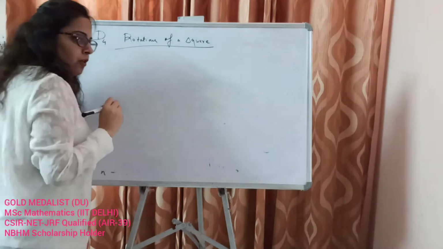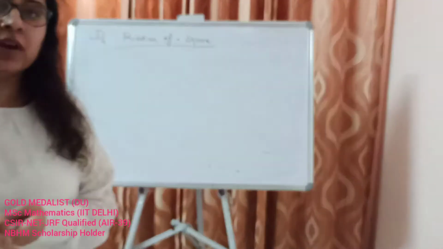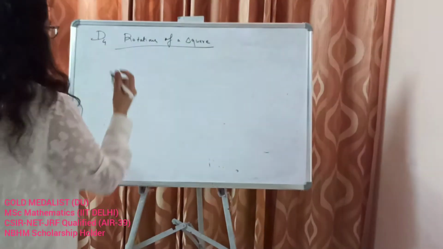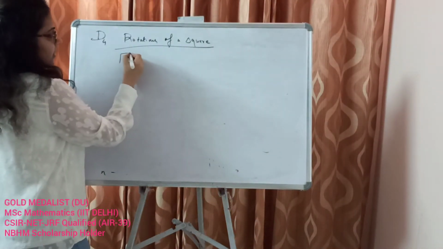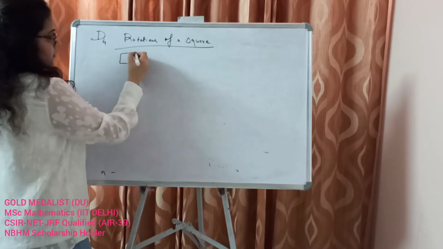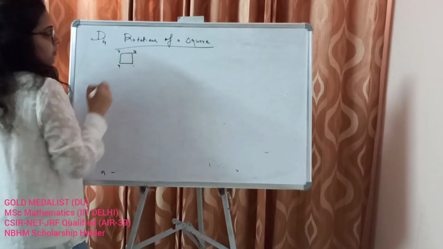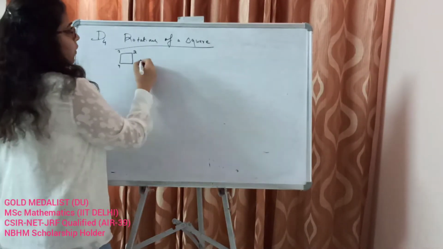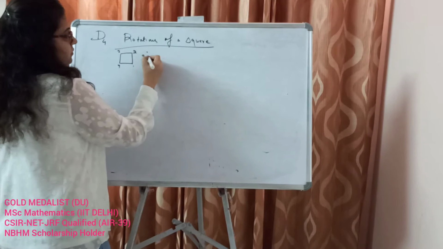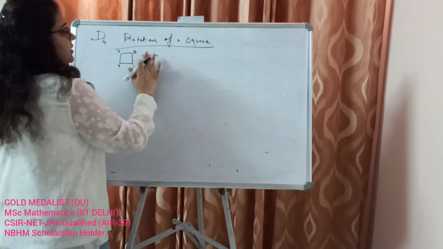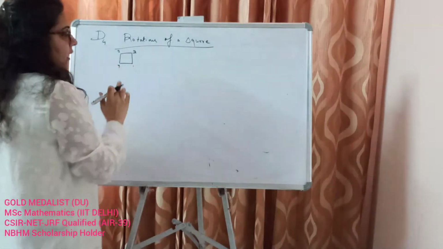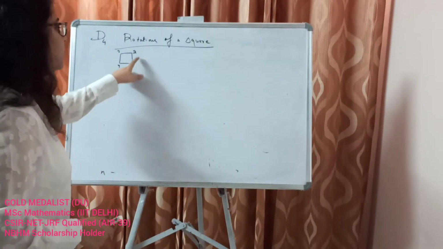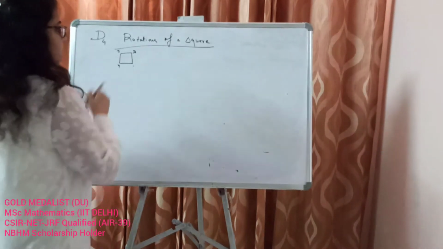We would have never thought that rotation of a square can be represented in the form of a permutation. How? For example, we have a square. Okay. So, what is a 90-degree rotation? This is a fixed element. Okay. And we apply rotations on the square, and we have already labeled these corners of the square.